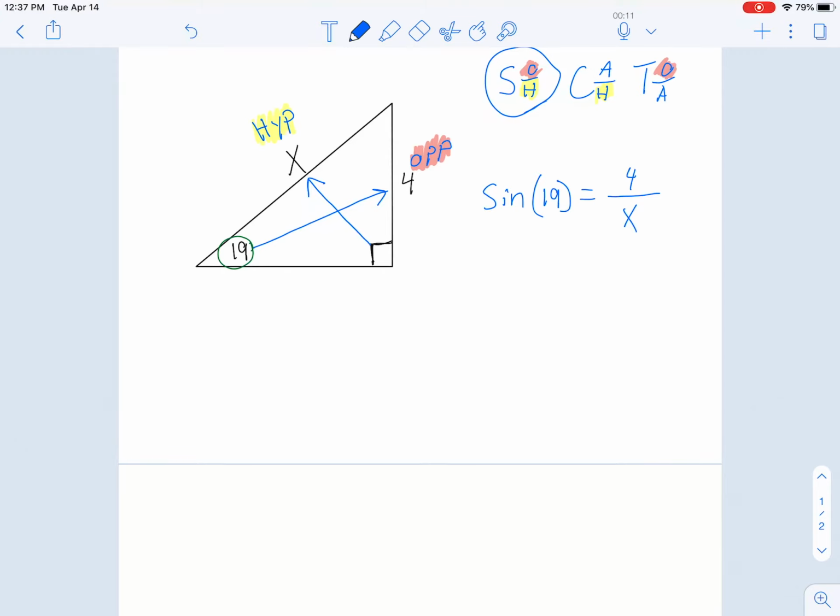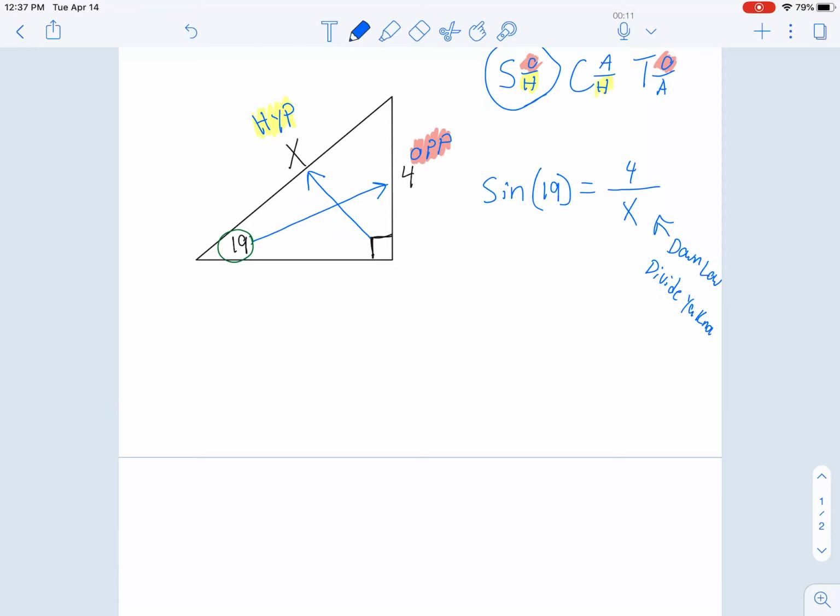Now we've got to solve for x. The way that we do this is we use a little rhyme. I can show you the mathematical way, but I'm going to show you the easy way first. X is down low, so we divide.